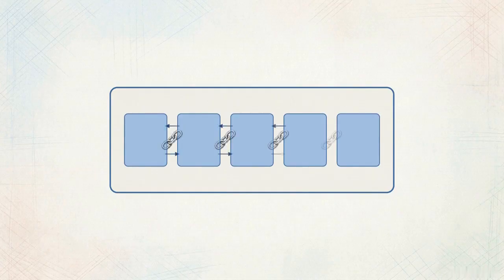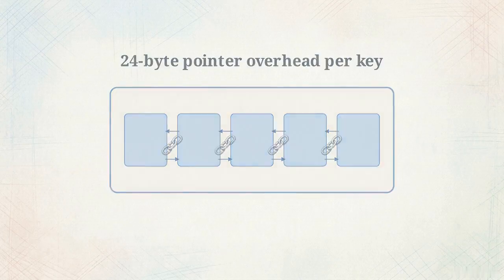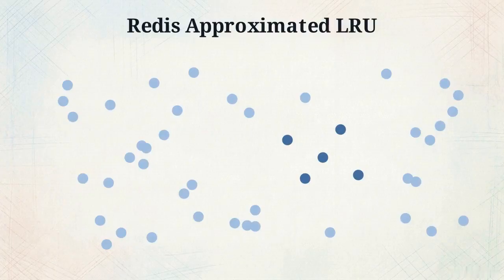When RAM reaches capacity, these systems must evict old data to make room for new entries. Maintaining a perfect chronological list of the least recently used keys requires a doubly linked list, which adds a 24-byte pointer overhead to every single key in the cache. To avoid that overhead, Redis uses approximated LRU.